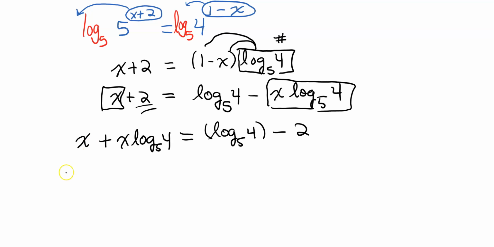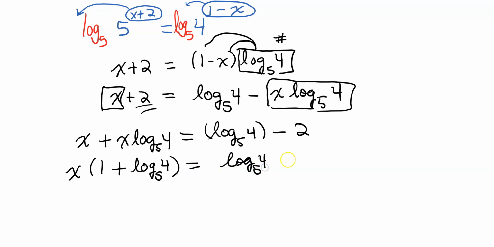With x and x, I can factor out an x, and that will be x times 1 plus log base 5 of 4 is equal to log base 5 of 4 minus 2. I like to use the parentheses there just so I know it's log base 5 of 4 and then subtract 2, not 4 minus 2, right?